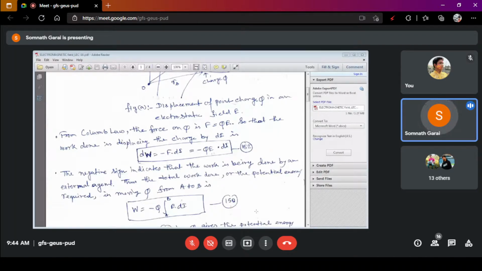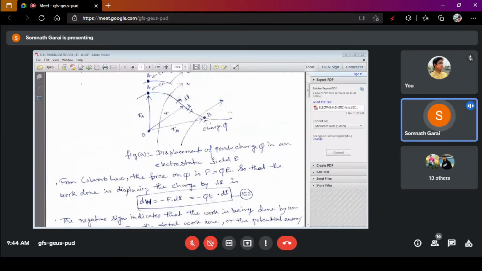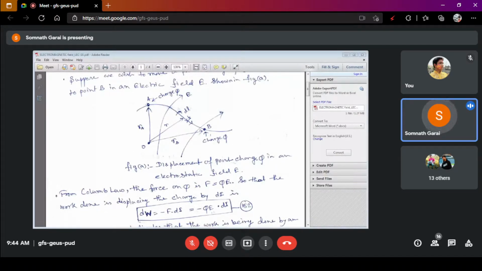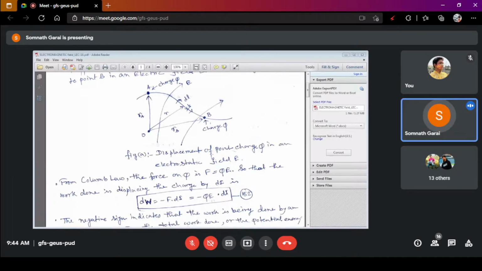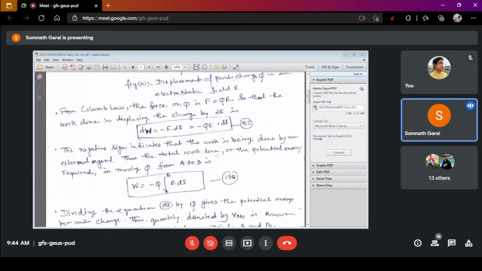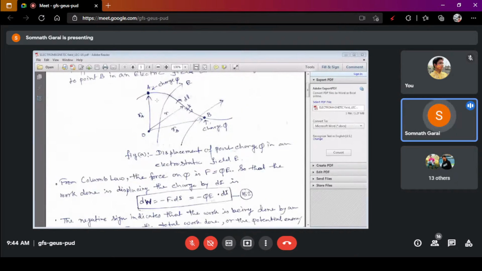Thus the work done, or the potential energy generated when this charge q is moved from A to B, is found by integrating dW, which equals the integration of minus qE dot dl. So the integration of dW is W, which equals minus q times the integration from A to B of E dot dl, since q is a constant, A is the initial point and B is the final point.